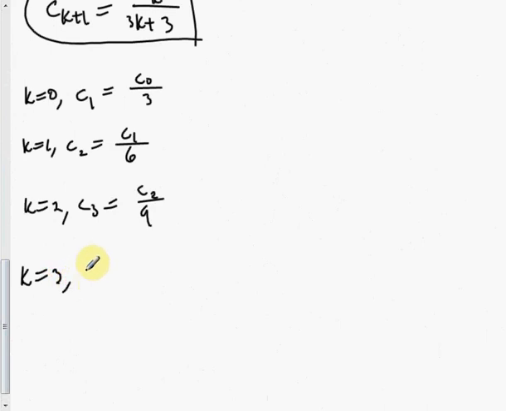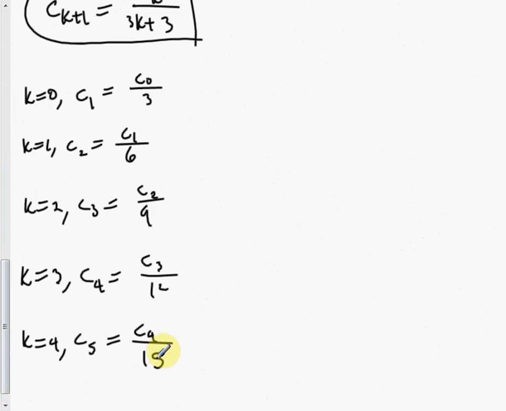K is equal to 3, we get c sub 4 is equal to c sub 3, and this becomes 3 times 3, 9 plus 3, we get 12. We'll just do one more. K equal to 4. C sub 5 is equal to c sub 4 over 3 times 4, 12 plus the 3, we get 15.